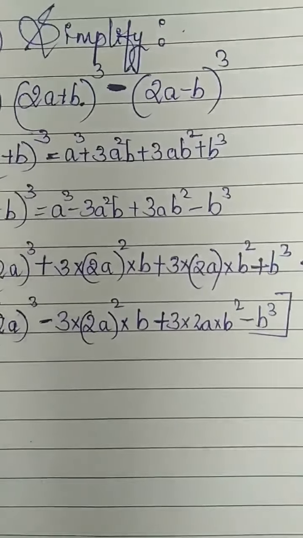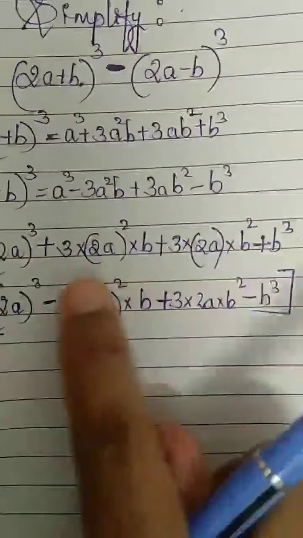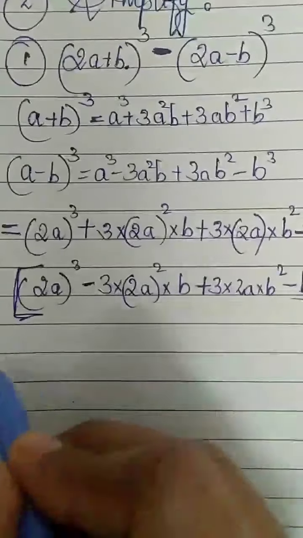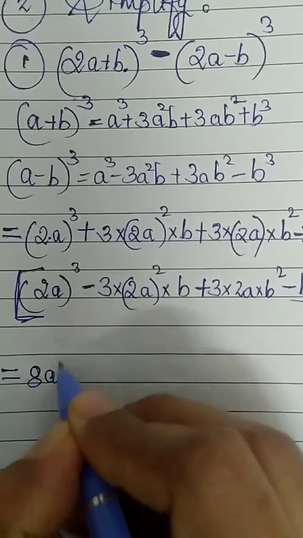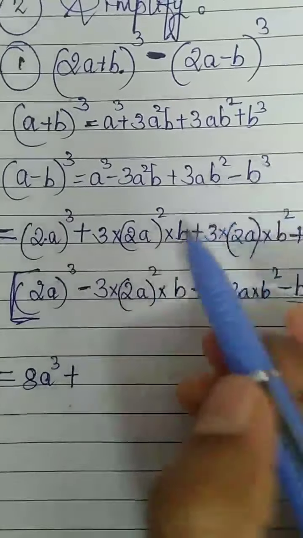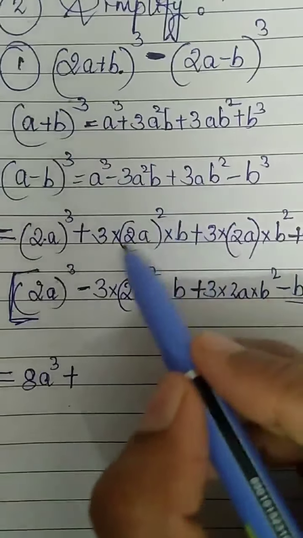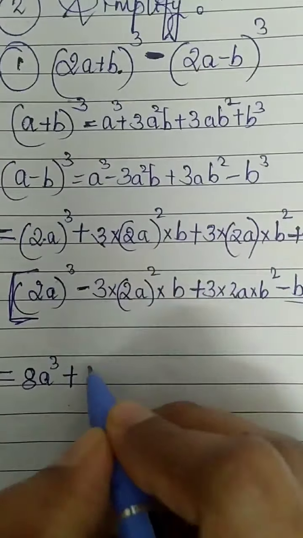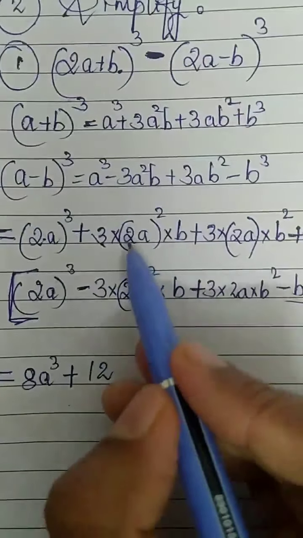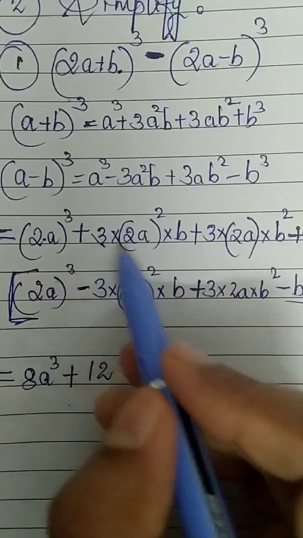Close the bracket. Now let us solve this part. Equal to (2a) cube will be 8a cube plus. Now we are very sharp. 2 2s are 4, 4 3s are 12. Once again check. 2 2s are 4, 4 3s are 12.